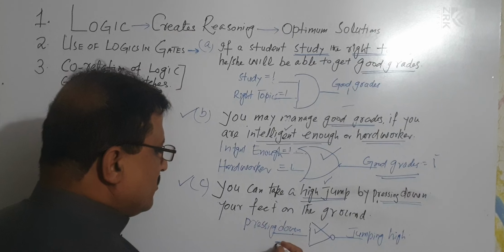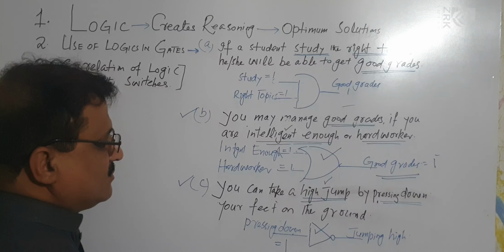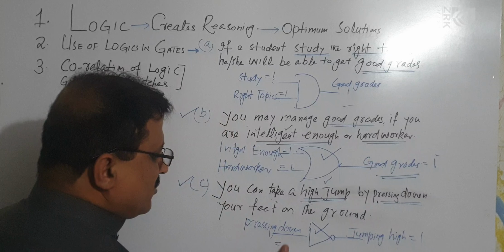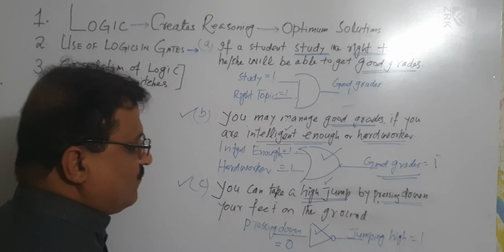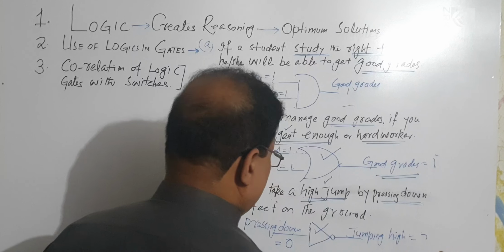Pressing down means if it is 1, we are forcibly pressing down the feet on the ground, and we will get the high jump. But if you are not pressing down the feet on the ground forcefully or with more force, we will not be able to get a high jump.